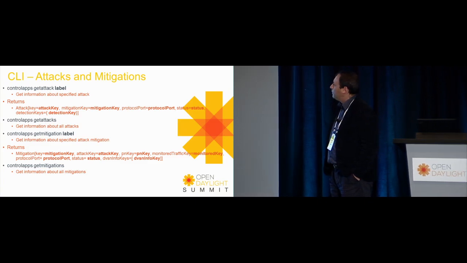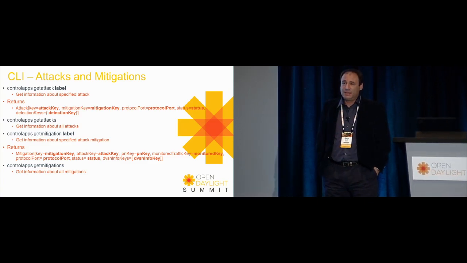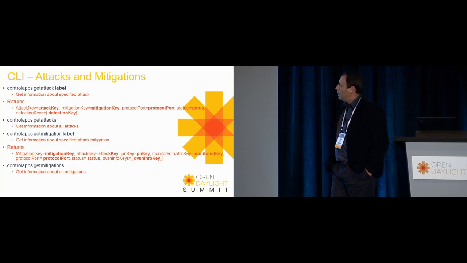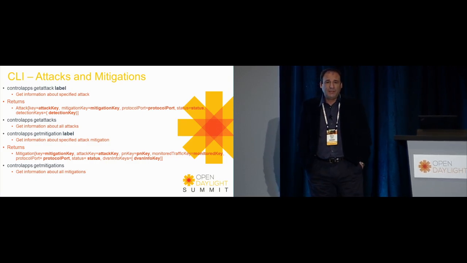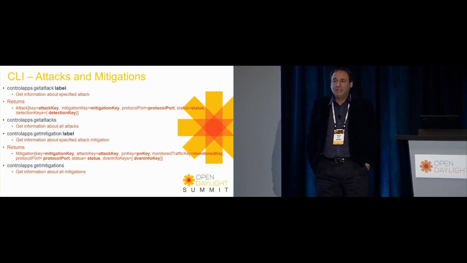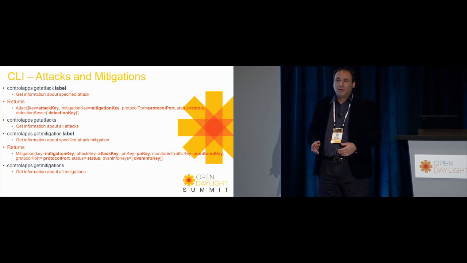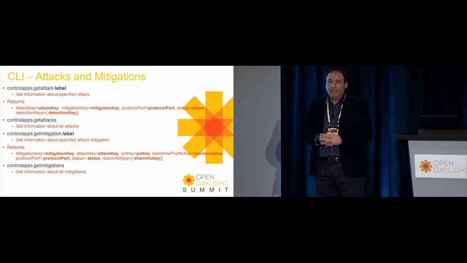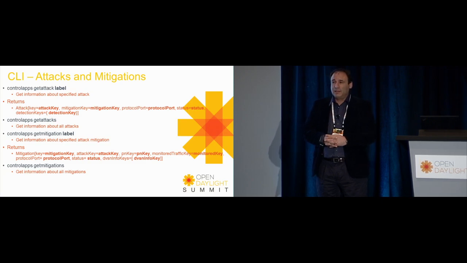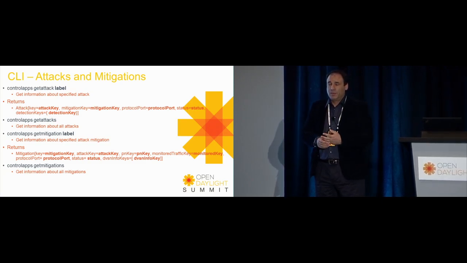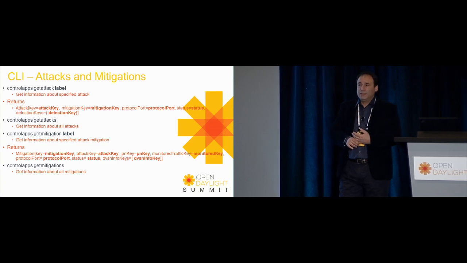There are two more sets of CLIs to obtain any active attacks and any active mitigations. We distinguish between the two. An attack is a mere declaration that here is an attack, a record containing all the information about what is being attacked and the detectors detecting that attack.